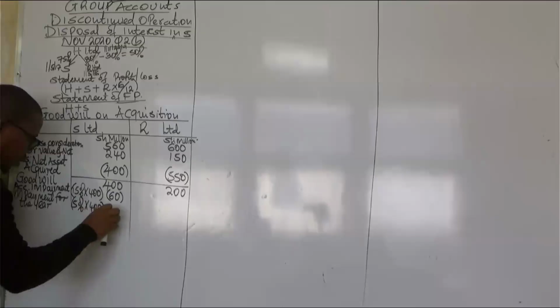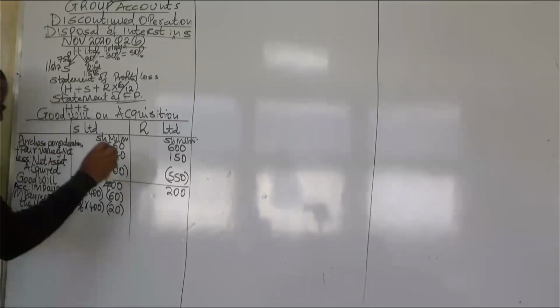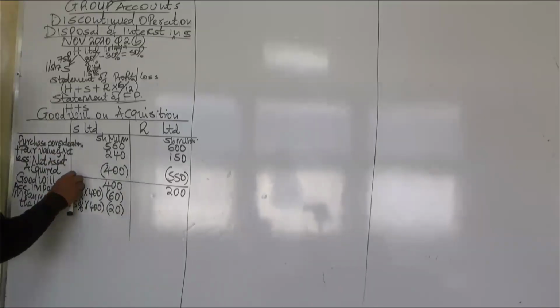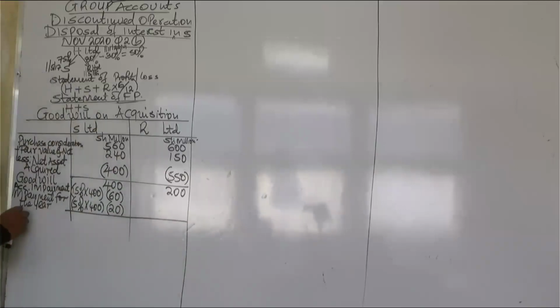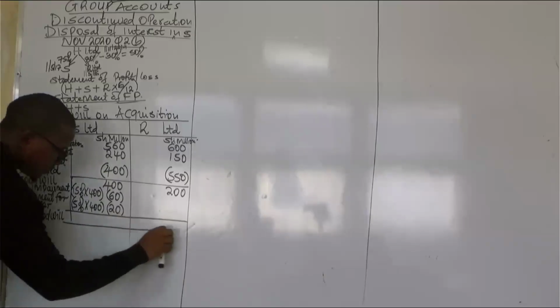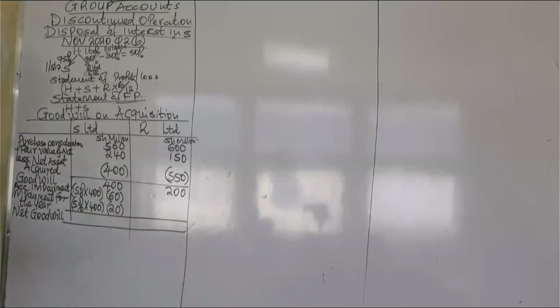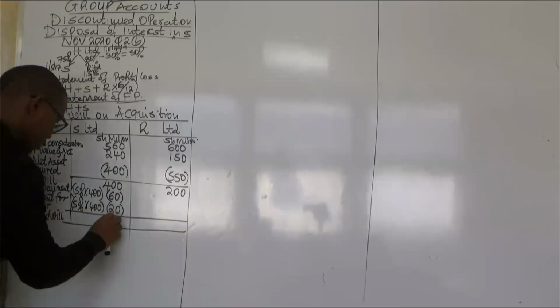This will be 20. So, meaning that what I should take to the statement of financial position will be now our net goodwill, which is of how much? What will be our net goodwill? So this will be 300 and what?